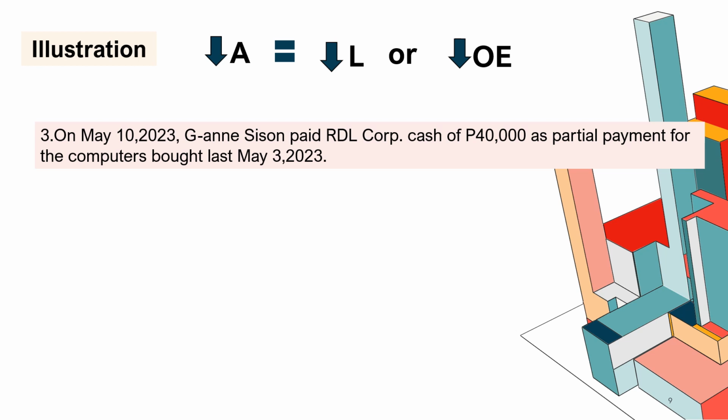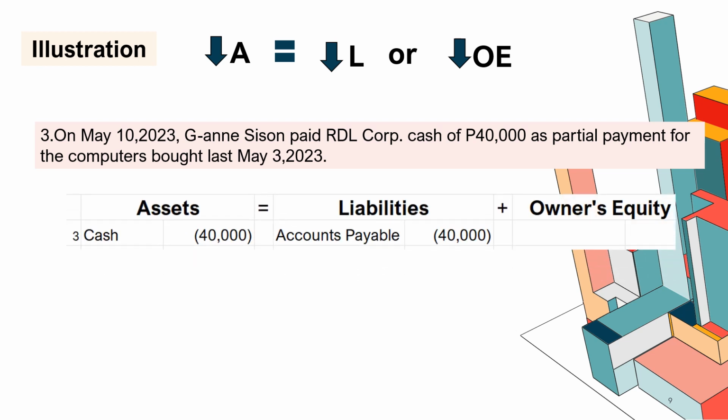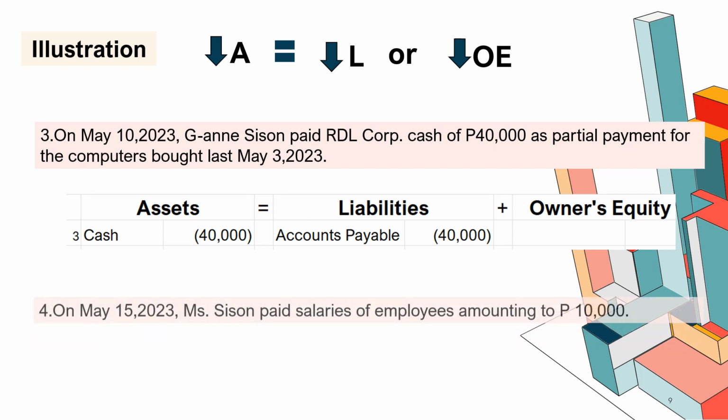So we have cash, and then related to our account. So under assets, our cash decreases, and that is denoted by a negative sign, and our liabilities in the form of accounts payable decrease. So there is a negative sign also in the 40,000 amount. So we maintain the equality: our assets, negative 40,000, liabilities, negative 40,000.